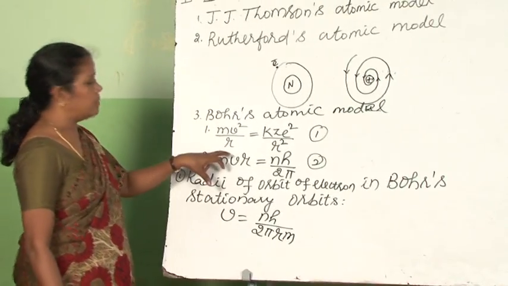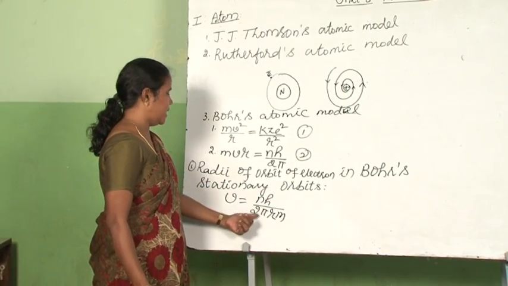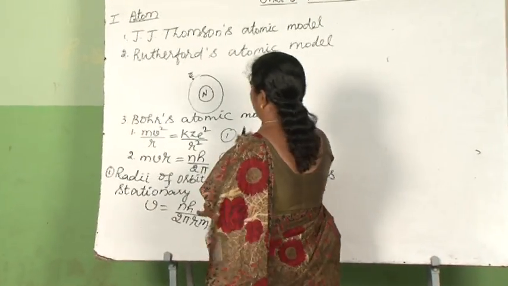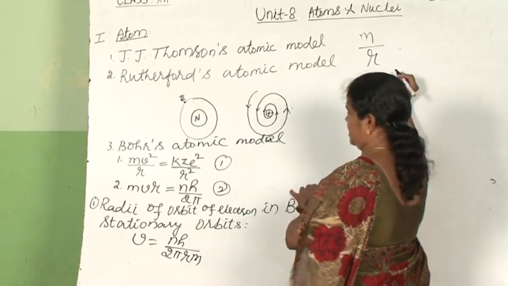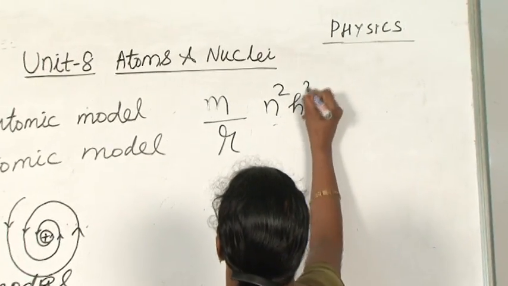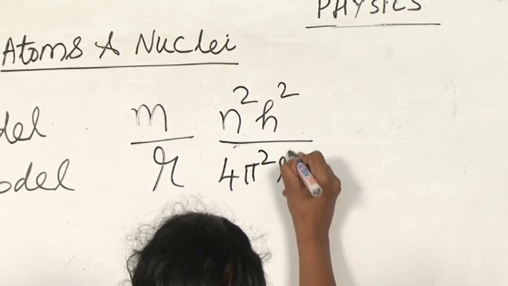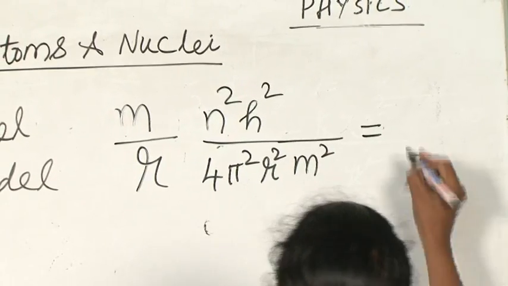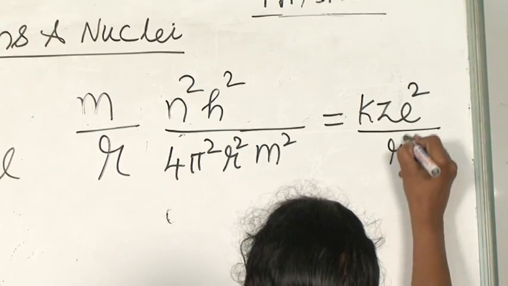From equation 2, we take v is equal to nh by 2 pi r m, and substitute this value of v in equation 1, where we get m v square by r. So v square is n square h square by 4 pi square r square m square, which is equal to k z e square by r square.